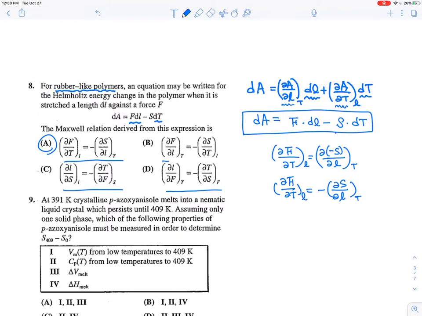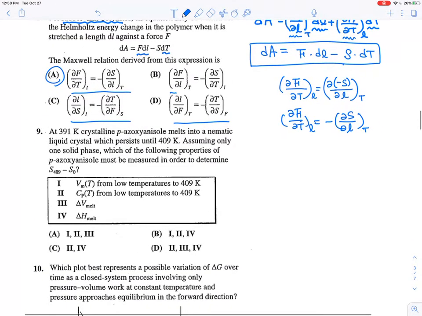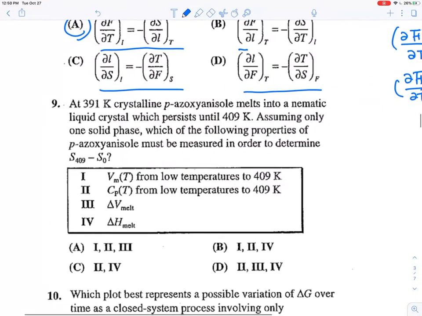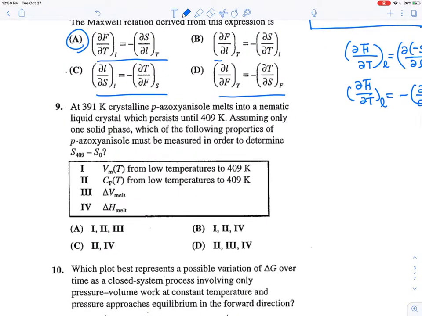Okay, so far so good. Going on. Okay, so now there's another question here. Azoxyanisole melts to a nematic liquid crystal which persists up to 409 Kelvin.